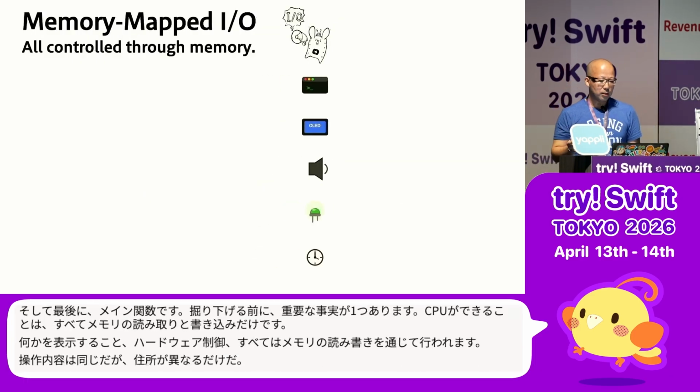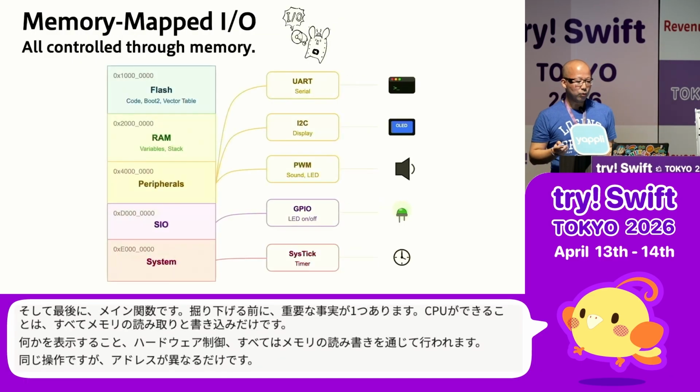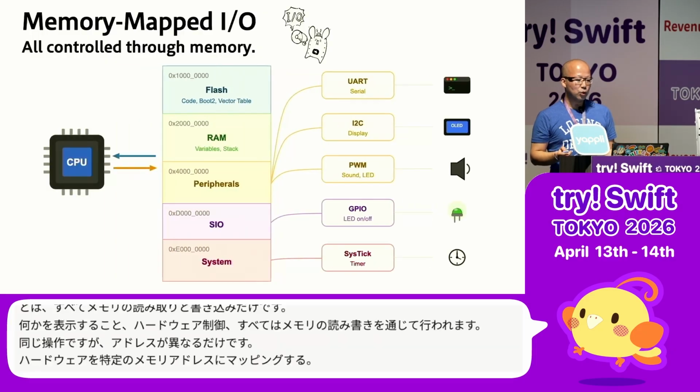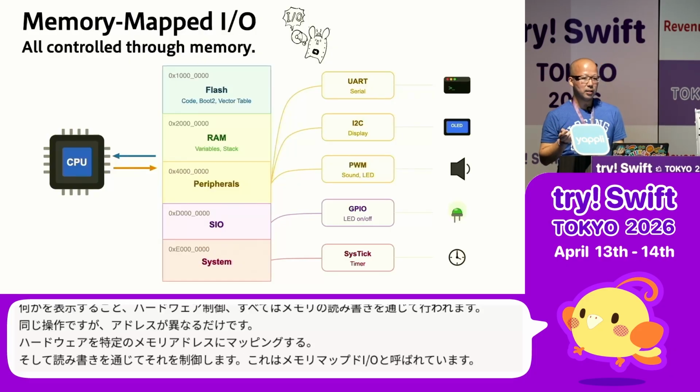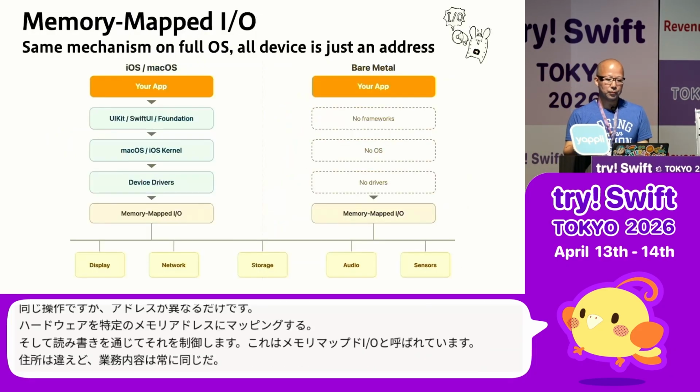We map hardware to specific memory addresses and control it through read and write. This is called memory-mapped I/O. The address is different, but the operation is always the same. Just read and write memory.